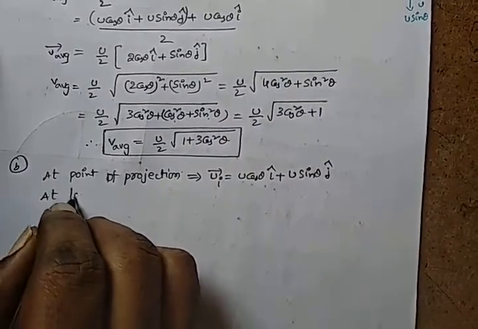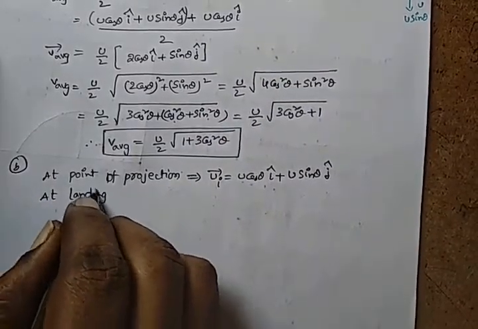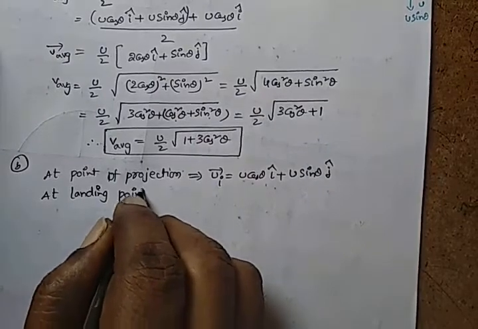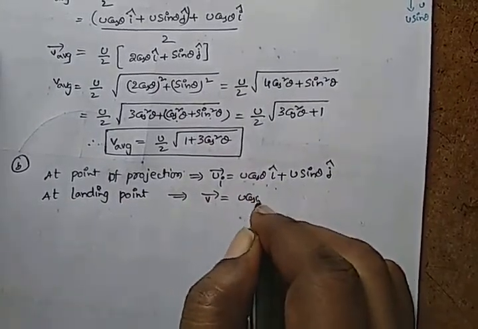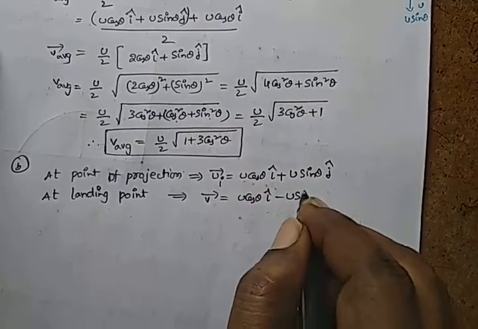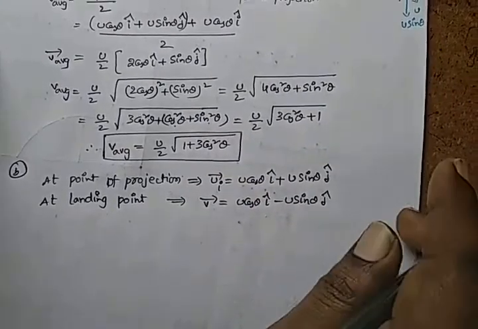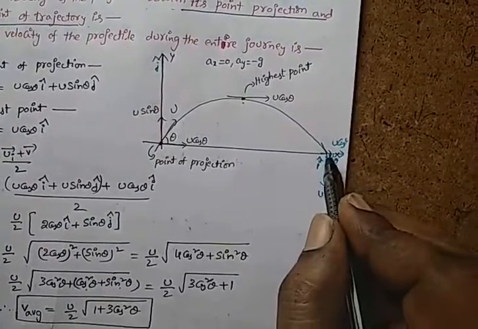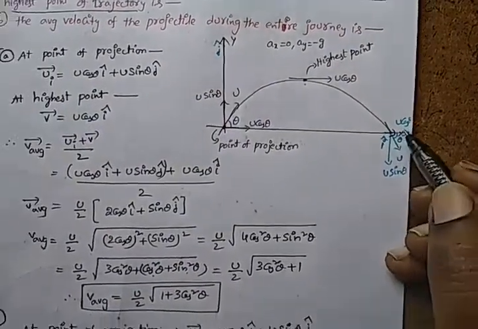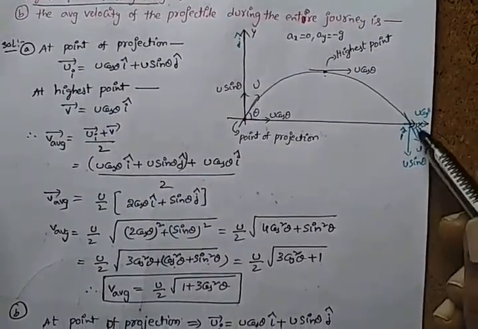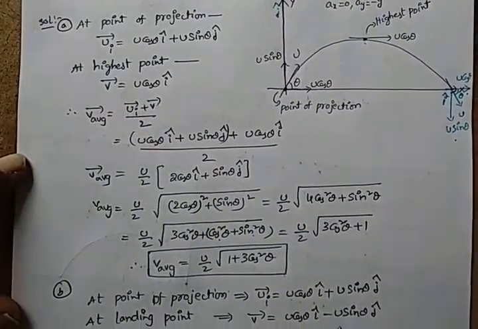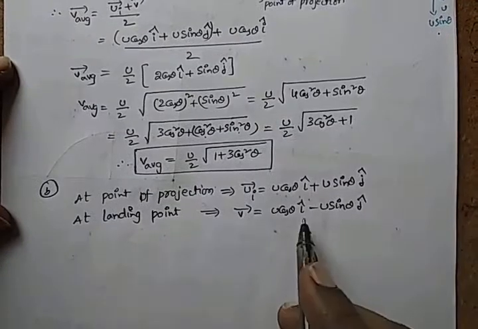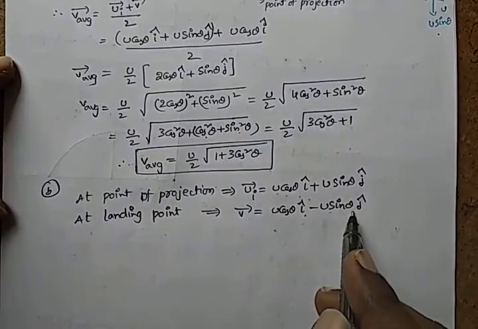At landing point, velocity vector of the projectile is given by u cos theta i cap minus u sin theta j cap. See this. This is horizontal component, it is vertical component. So this is along positive x-axis, it is along negative y-axis. That's why I write here u cos theta i cap minus u sin theta j cap is the velocity vector at landing point.